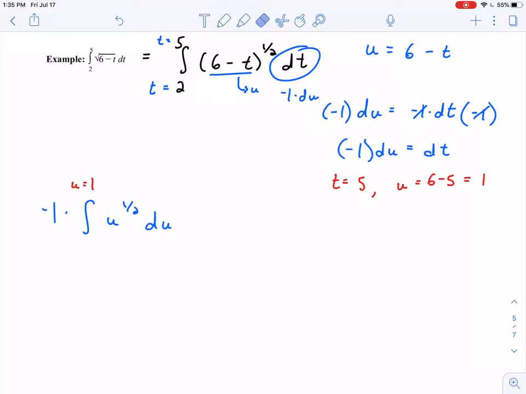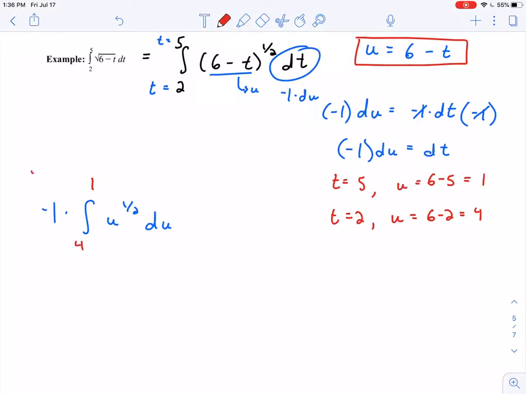You don't need to write u equals 1, but I want you to understand that now I've translated that upper limit of integration to be in terms of u. I'm just taking that number and plugging it in right here. So when t equals 2, u is equal to 6 minus 2. This gives me 4. So my lower limit of integration now is 4.